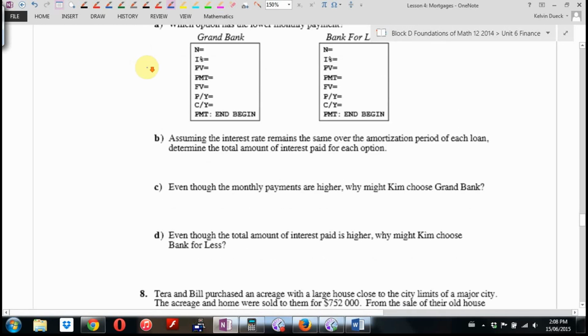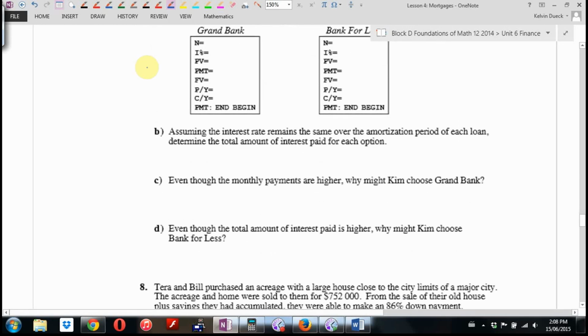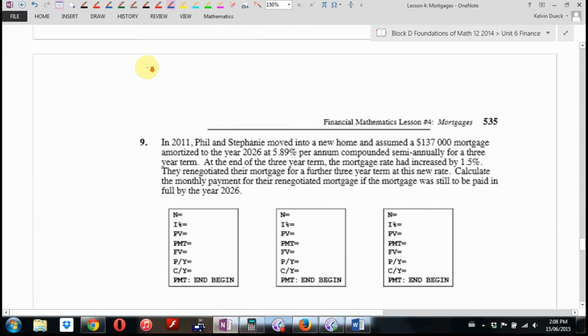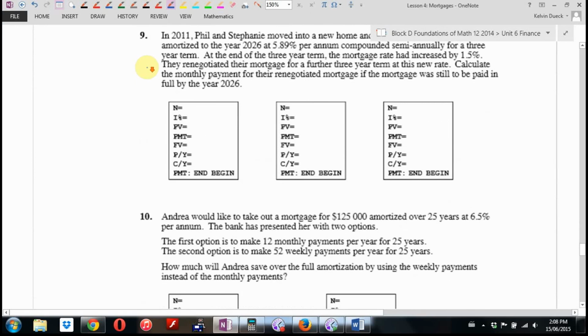Seven. I skipped 6. And I think I'll pause there.